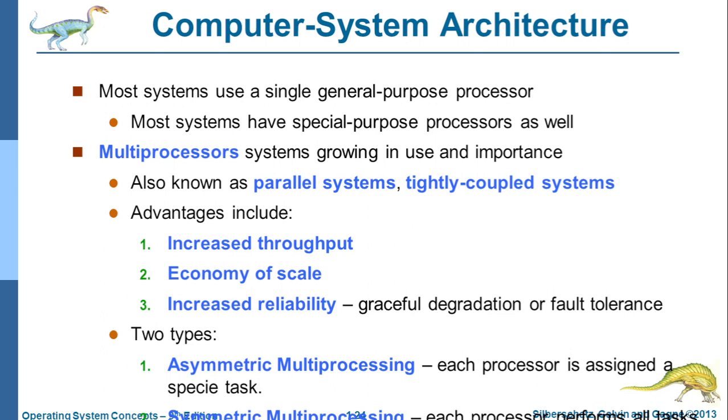Multiprocessor system. There are many types of computer system architecture. What is multiprocessor? It is also named as parallel system or tightly coupled system. It increases throughput, it increases economy of scale, it increases reliability. Reliability means 1 minus probability of failure, right?